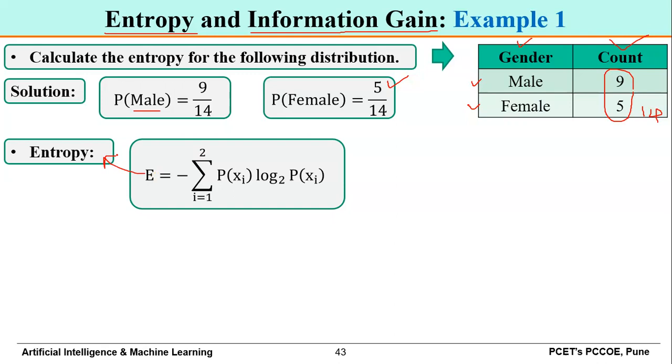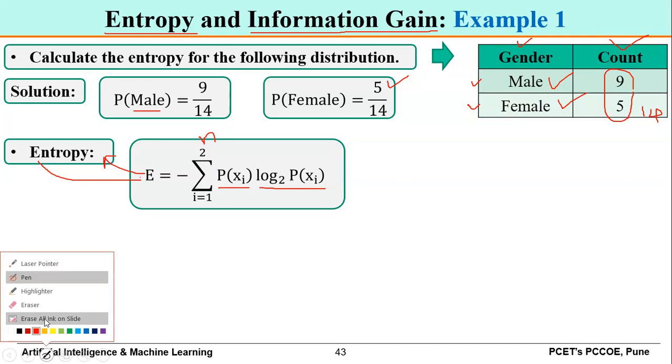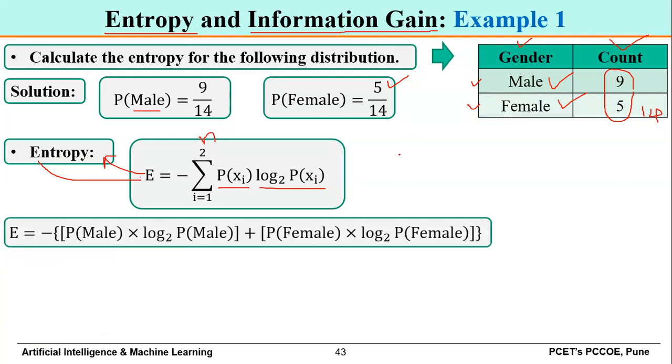If you use different books, you may see different notations, but in order to understand it properly, we can use E. Then E is equal to minus summation i equal to 1 to n, and here as there are only two parameters, male and female, we take n equal to 2, and probability of first parameter or feature multiplied by log to the base 2 probability of second parameter. So this particular equation we will be using for calculating the entropy.